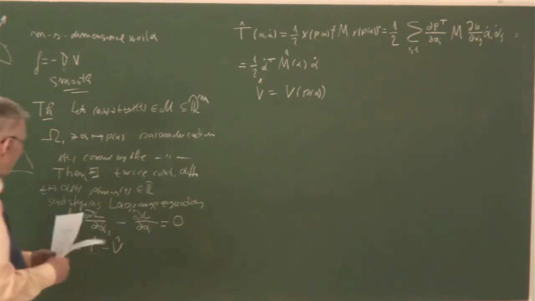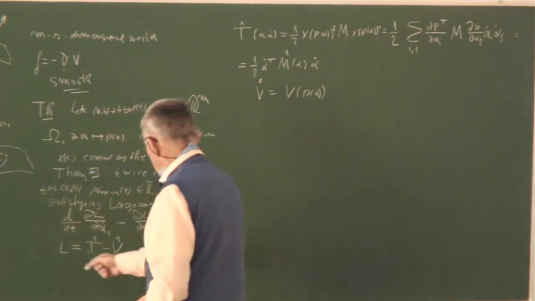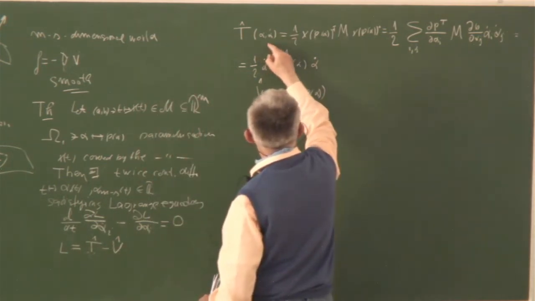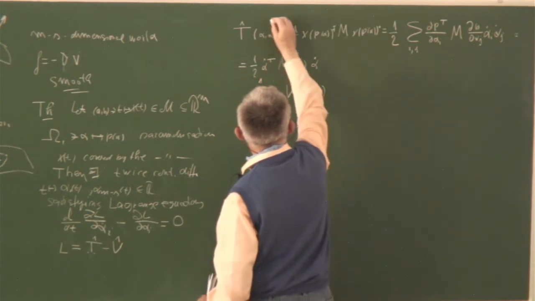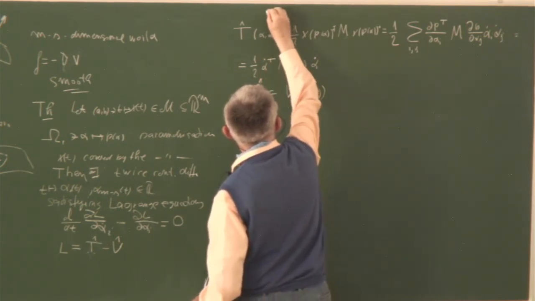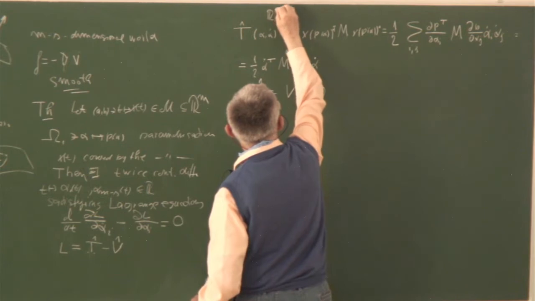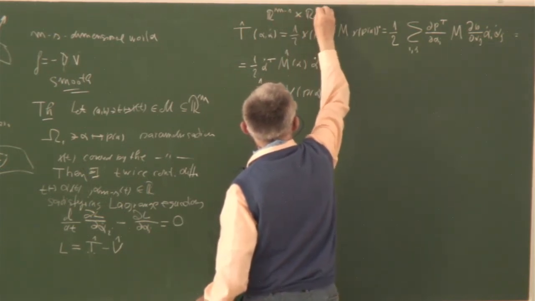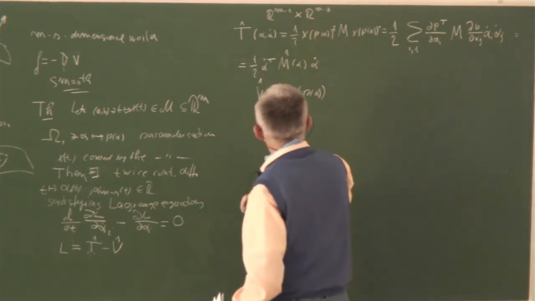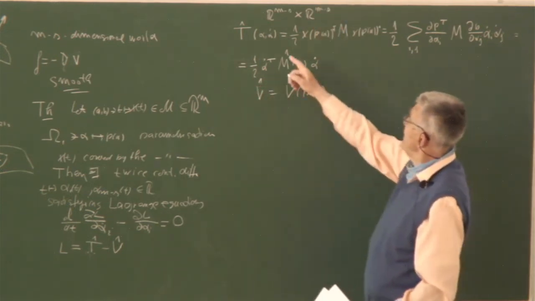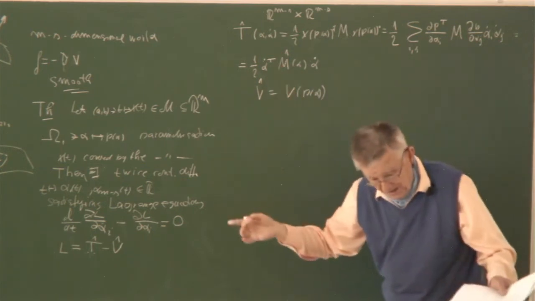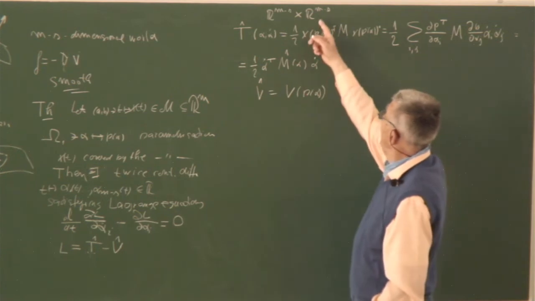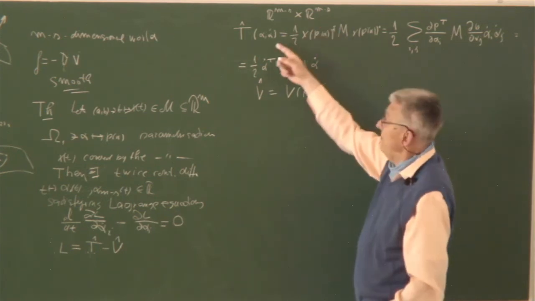And this is understood that you consider your L as a function of R^(m-s) times R^(m-s). So the first m minus s variables are the positions in parameter space, and the second m minus s variables are the velocities.